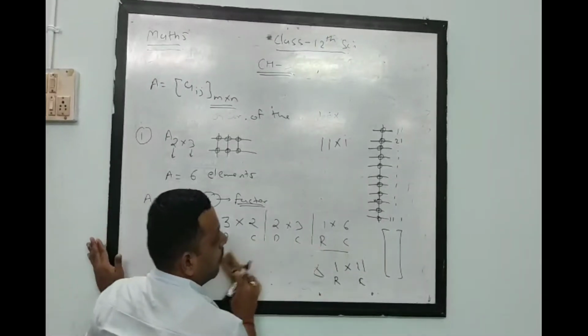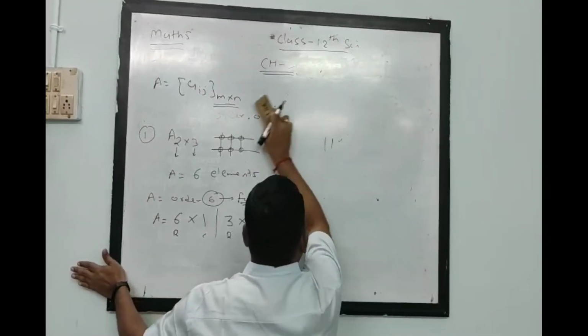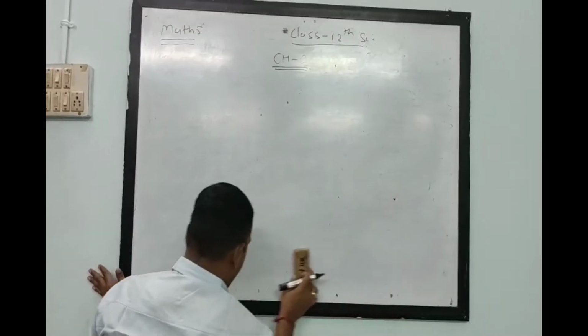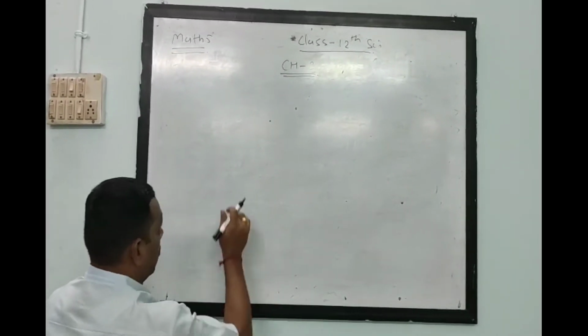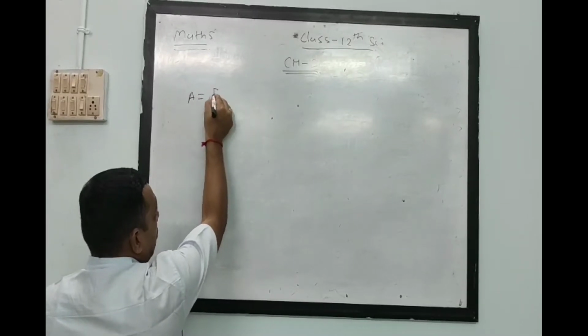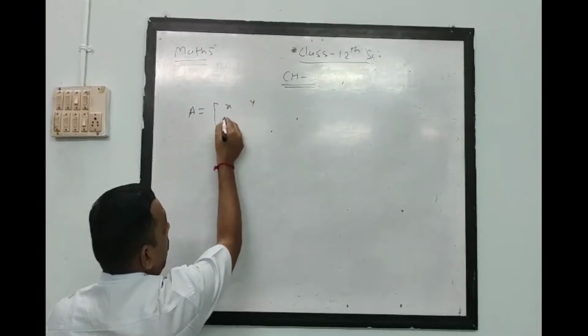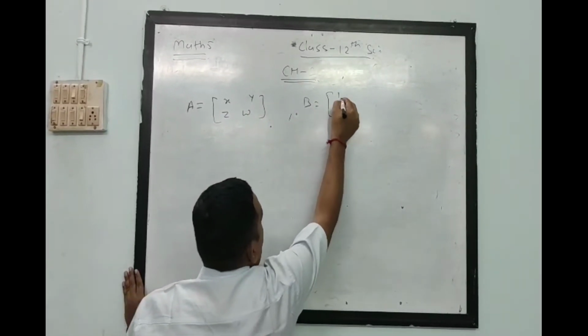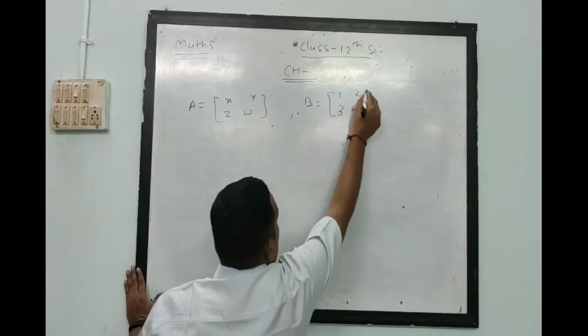Now the next topic: suppose in the exam a matrix is given and another matrix is also given of the same order, then we can equate according to the relation. For example, A is given as x, y, z, w, and B is given as 1, 2, 3 and 4.